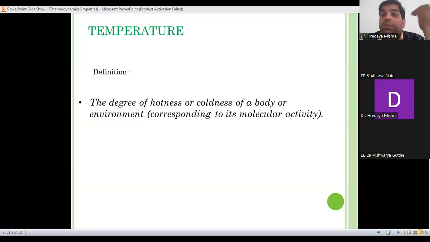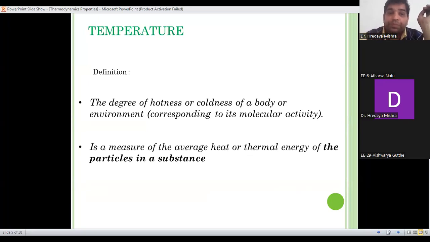And when we increase the temperature of a body, the body expands. So temperature is a measure of the average heat or thermal energy of the particles in a substance. What is the meaning of that? It is a measure of average heat or thermal energy of the particles in a substance.